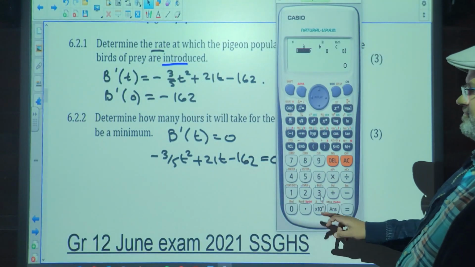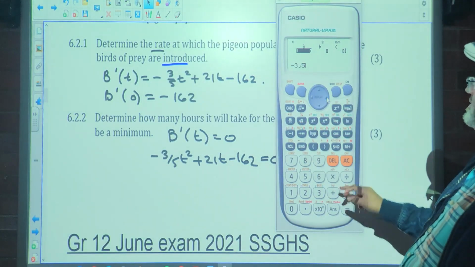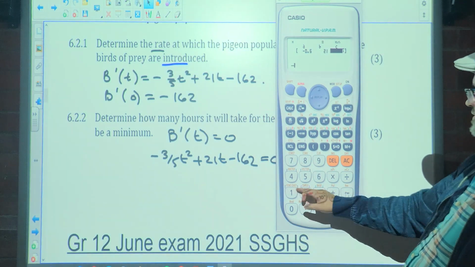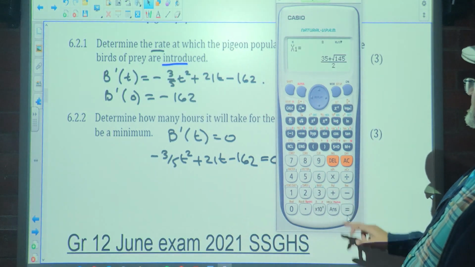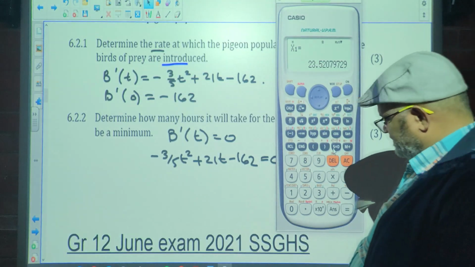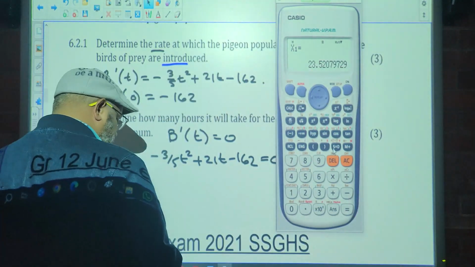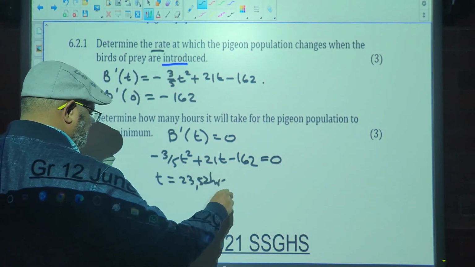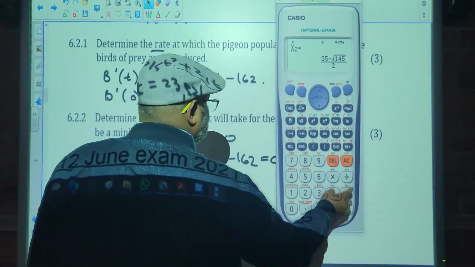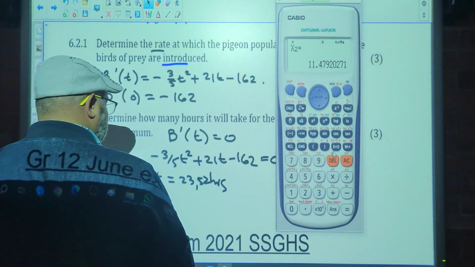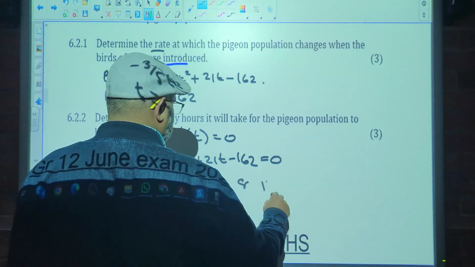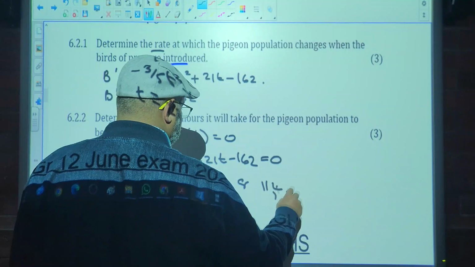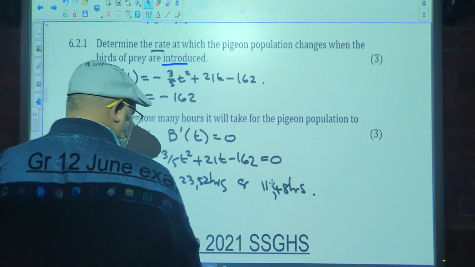We'll use the calculator. So it's negative 3 over 5, 21 and negative 162 gives us t is equal to 23.52 hours, or 11.48 hours.